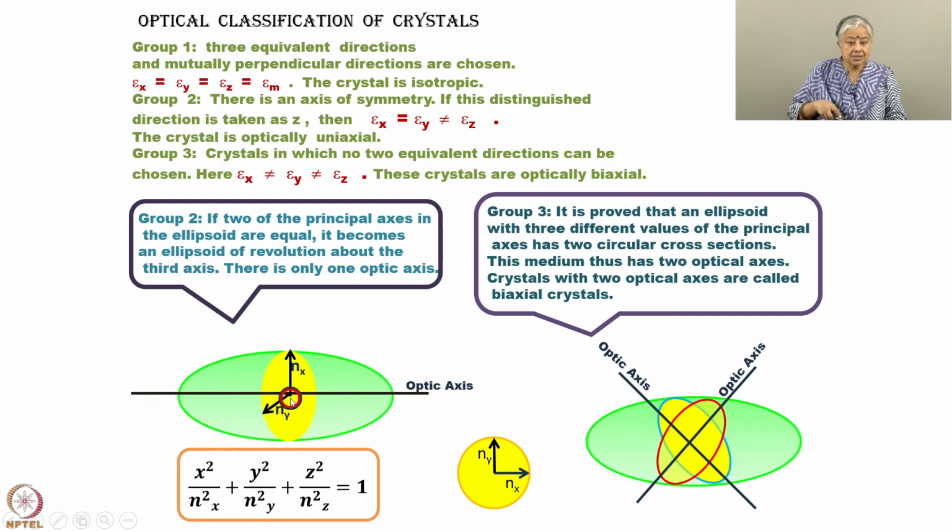And this is a special type I will be dealing with more, which is an ellipsoid of revolution about the third axis. So, this is one axis and it is an ellipsoid of revolution like this.